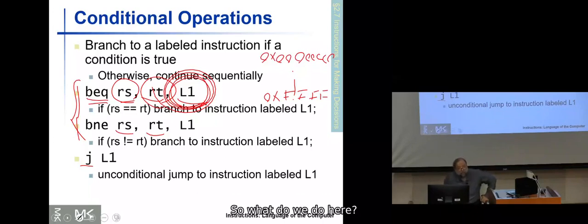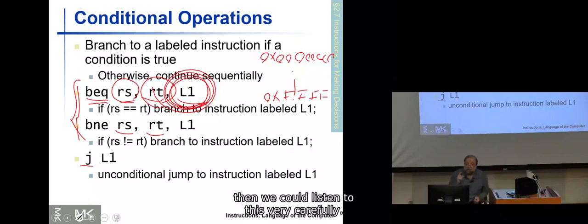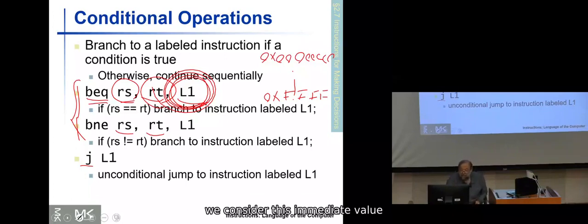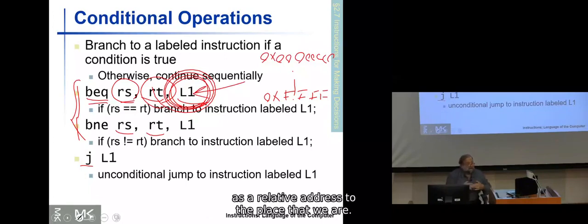So what do we do here? If they are close, then listen to this very carefully. How did they design the processor? If this is the case, we consider this immediate value as a relative address to the place that we are.